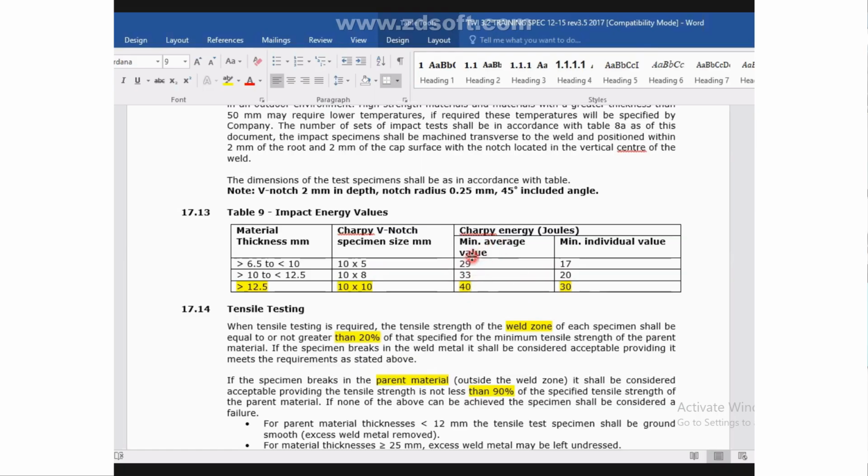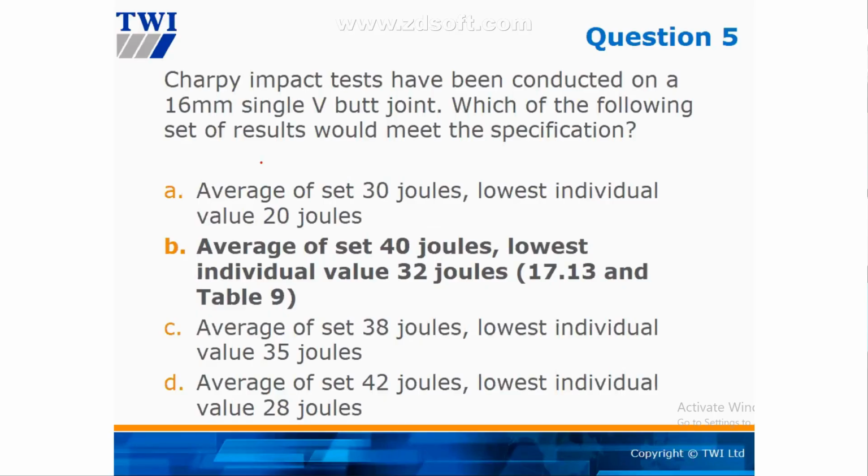This is average value, and individual value given is 30. All right, the best answer goes to B. The average set 40 joules, lowest individual 30. So that is matching with the table.